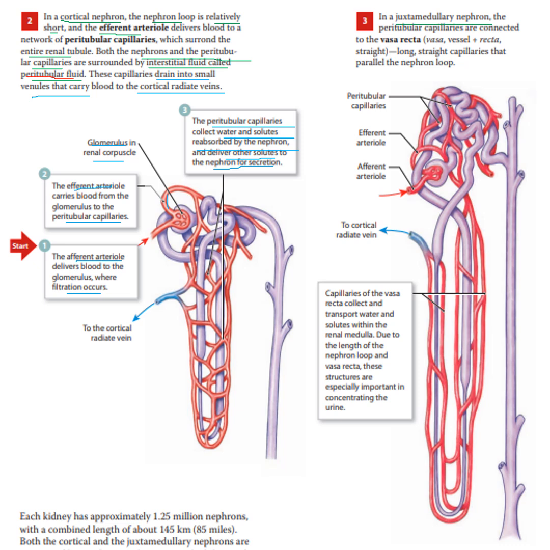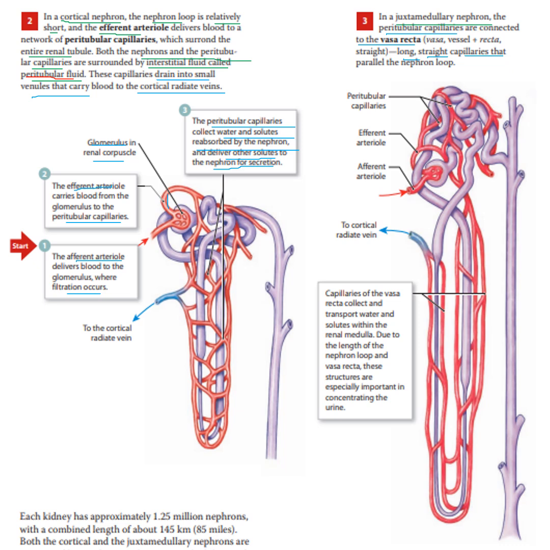Now we'll talk about the juxtamedullary nephron. The peritubular capillaries are connected to the vasa recta, which are long straight capillaries that run parallel to the nephron loop.